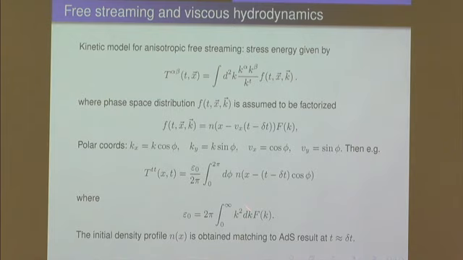The density profile you obtain by giving the scalar field some initial source profile, then reading off from the AdS calculation the density profile that you want to plug in here, just after the injection, just after the sourcing is done.